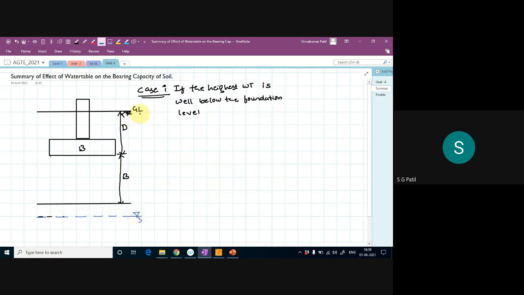This is my DW, depth of water table. If you have a depth of water table well below your width of foundation, that is DW, depth of water table is greater than D plus B, where D is the depth of footing plus a depth equivalent to your width of foundation.